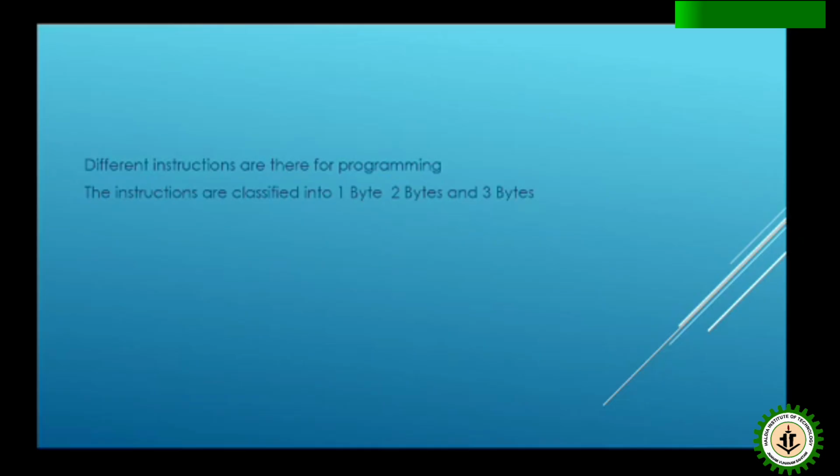That is, if we change the algorithm and flowchart for the same problem, the programs will be different. So the programmer should write a program in such a way that it consumes minimum space.